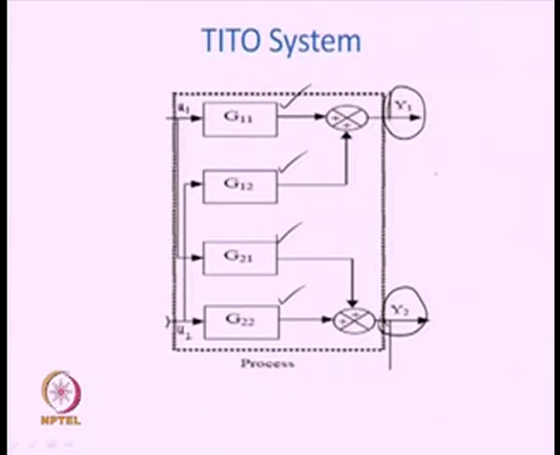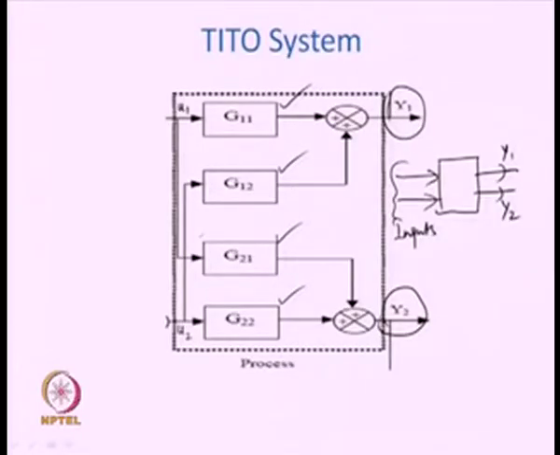The same TITO system can be represented in block diagram form as a block having 2 inputs and 2 outputs. Now, it appears very simple, but when there is sufficient loop interaction between the subsystems, then the TITO system appears very different from a single input, single output system.